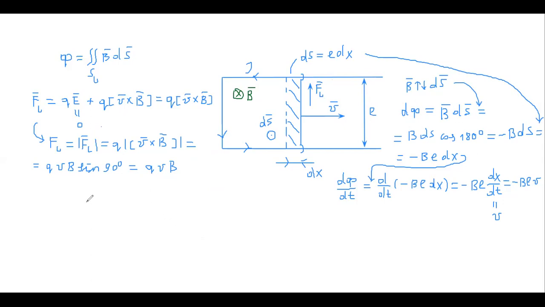So let's find this work. As you can remember from mechanics, this work is equal to the linear integral from 0 to L of F_L dot dr. But according to the direction of electric current, electric charge moves from down to up.